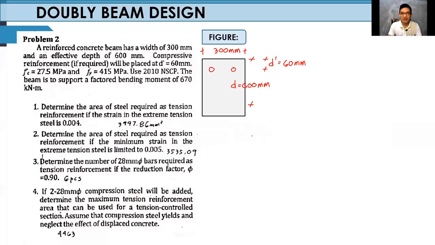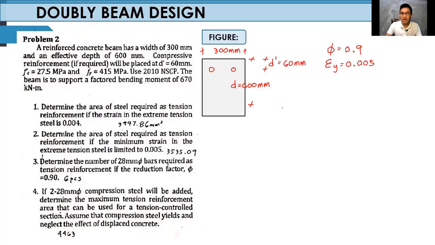Sabi dito, determine the number of 28 millimeter diameter bars required as tension reinforcement if the reduction factor is 0.9. So ano daw yung number of bars natin sa ibaba if our reduction is 0.9. So luckily class, yung reduction factor natin na 0.9, ang katumbas niya na epsilon or strain, is equivalent to 0.005, which is yung na-solve natin kanina.